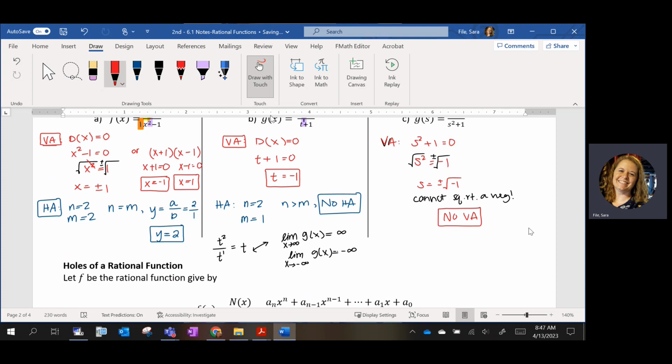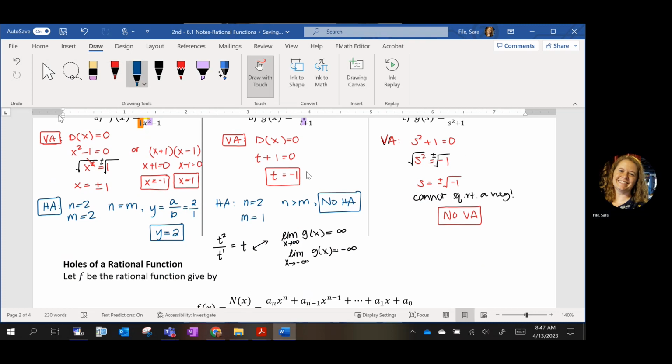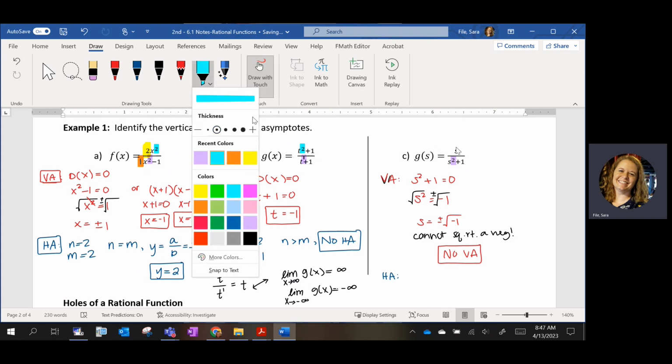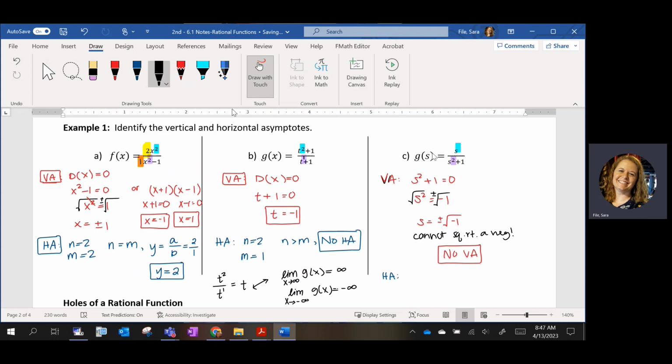Okay. Now for the horizontal asymptote, we're again comparing n and m. So m is the 2 because s is squared down there. But in the numerator, s is to the 1 power. So n is 1. M is 2.